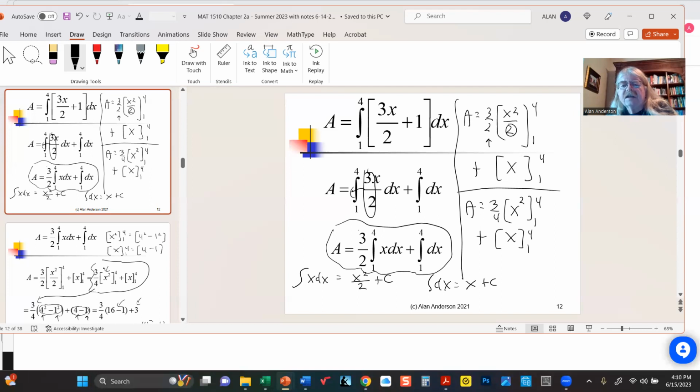So the 3/2 stays on the outside. So we'll have x squared over 2 evaluated between 1 and 4. And then we add to that x evaluated from 1 to 4. Now what I've done here too is I've moved this 2 outside just to keep things a little simpler. Okay, now we're ready. Right? So let's go look and see what this gives us.